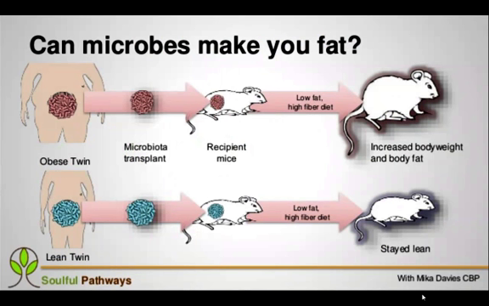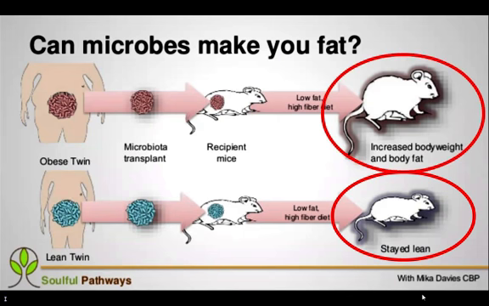Each recipient mice was given the same diet and daily activities. The results were that the host mice with the microbiome from the lean human twin stayed lean, and the host mice from the microbiome from the overweight human twin gained weight and stored fat.